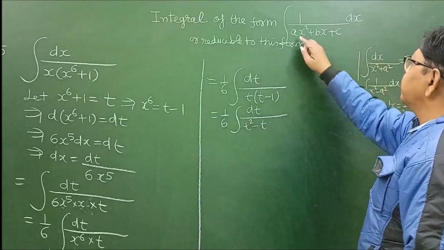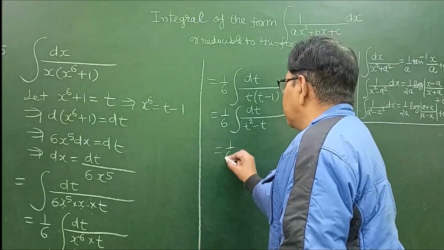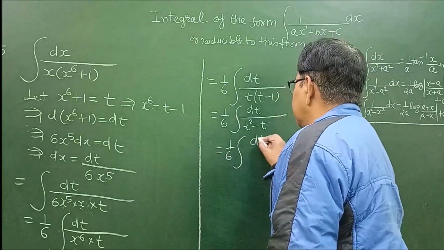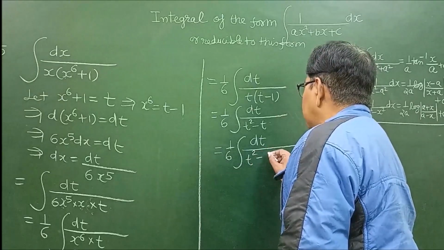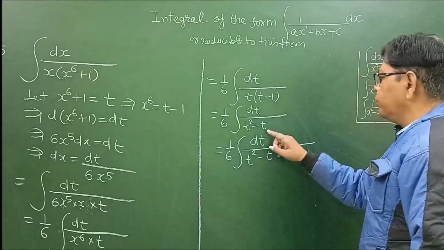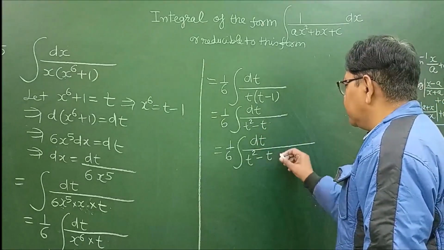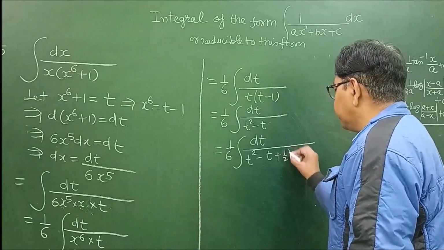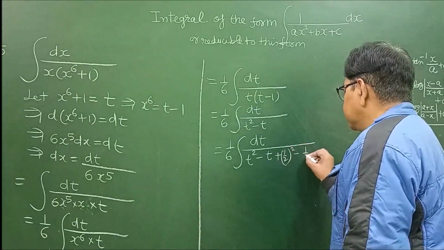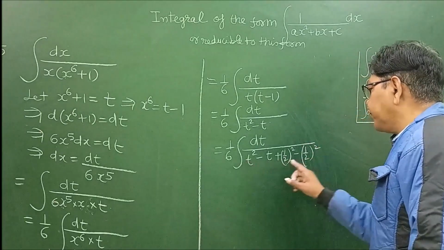Now this is in the form ax square plus bx. We can write this as 1 by 6 dt upon t square minus t. Half of the coefficient of t, that is 1 upon 2, the coefficient of t is 1 here. So adding 1 upon 2 square and subtracting 1 upon 2 square, these three terms make a perfect square.